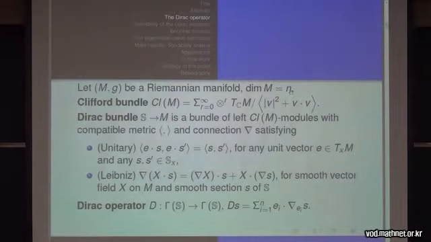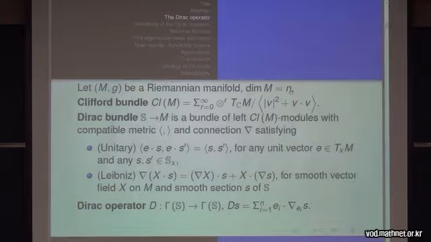The first says that any unit tangent vector defines a unitary action on the fiber. And the second is the Leibniz rule. In this equality, the dot means the Clifford action, and this connection is the connection on the bundle S, and this connection is the Levi-Civita connection on the tangent bundle.